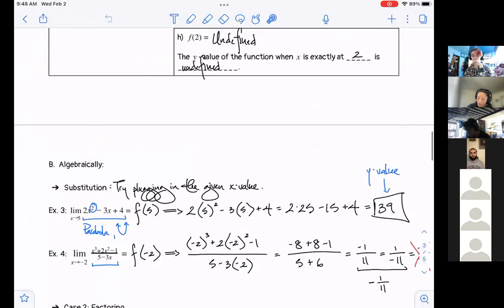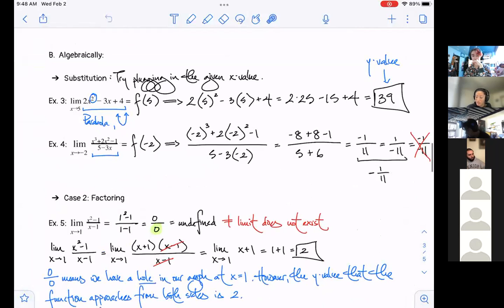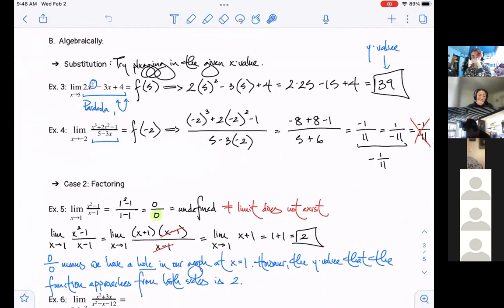And then after that, at the end of class, we were like, okay, well, what happens if we don't have a graph, right? And if we don't have a graph, then our very first strategy was to try substitution, okay? And so substitution just said, we're hoping that this is not a weird point. We're hoping it's a regular point on a graph and that the x value gives you a y value and we're good to go.